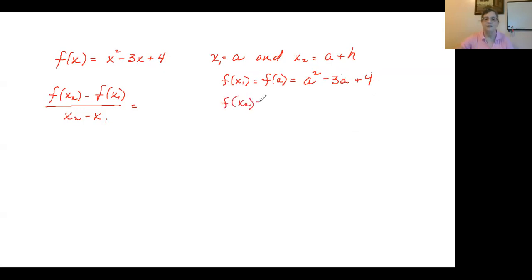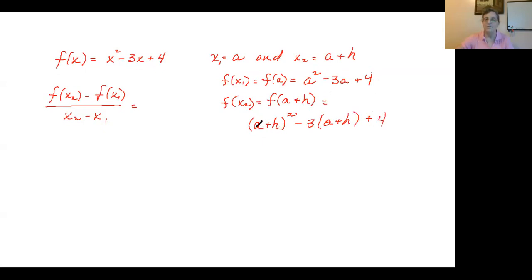f of x2 is f of a plus h. Now, because I'm plugging in an a plus h, this is going to require some simplifying. So I've got a plus h squared minus 3 times a plus h plus 4.